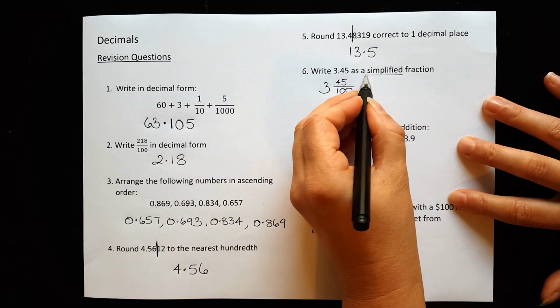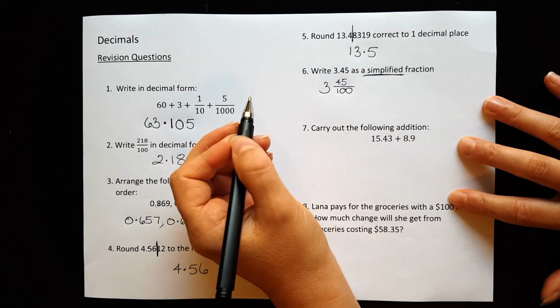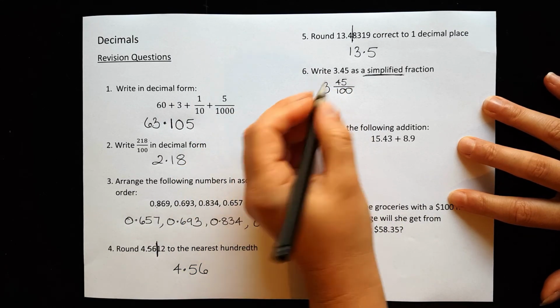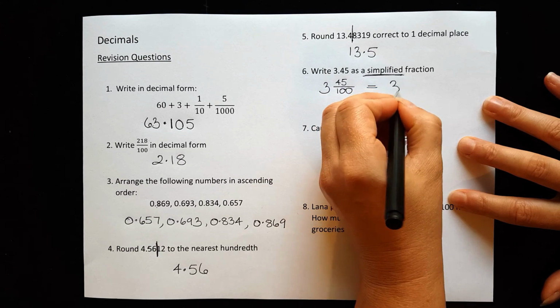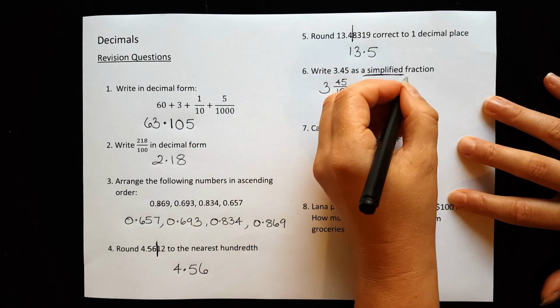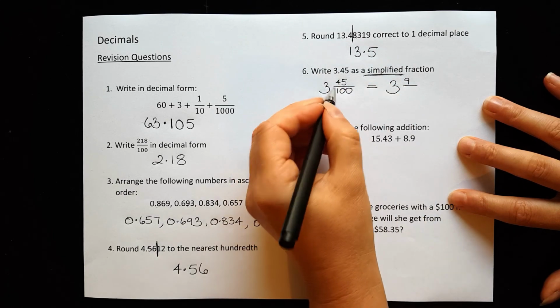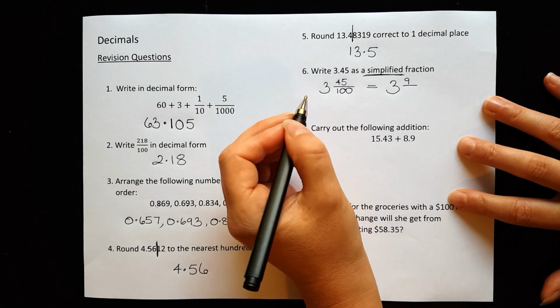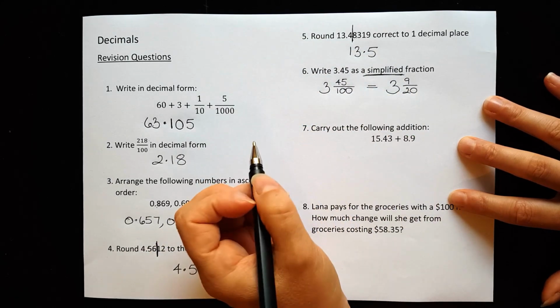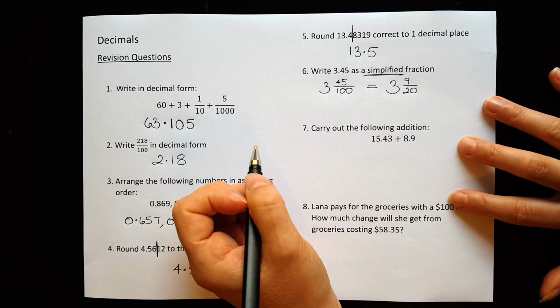I need to have my answer simplified though. These numbers here can both be divided by 5. The 3 is not going to simplify, it just stays there. 45 divided by 5 is 9, and 100 divided by 5 is 20. So that is the simplified answer.